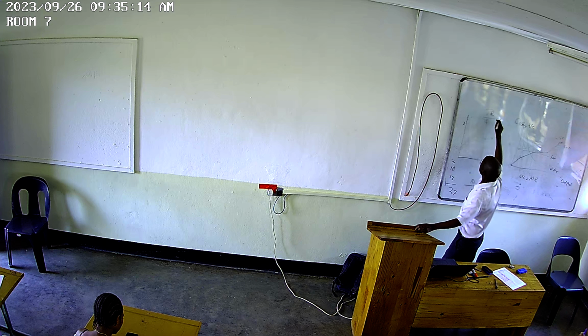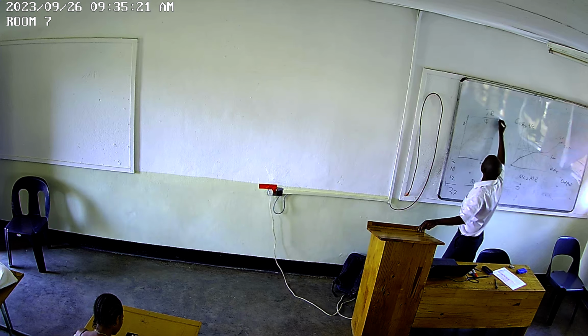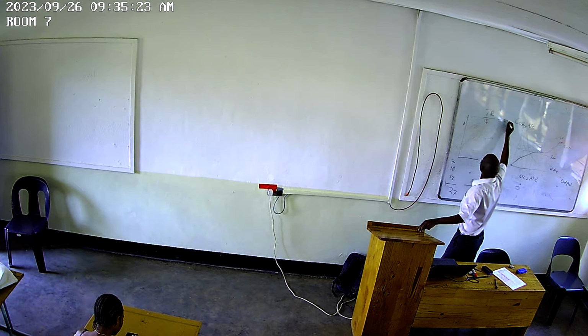So you take total revenue divided by your bags, and it will give you average total revenue.